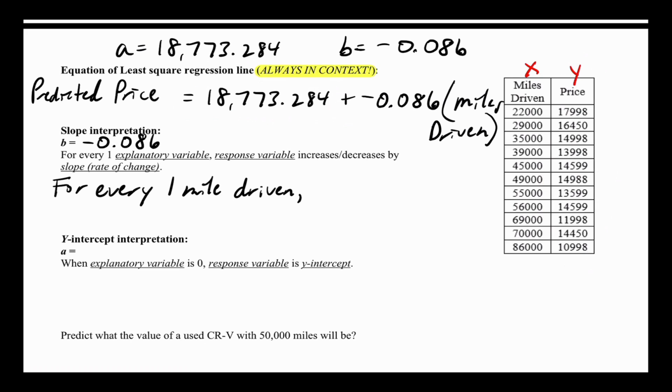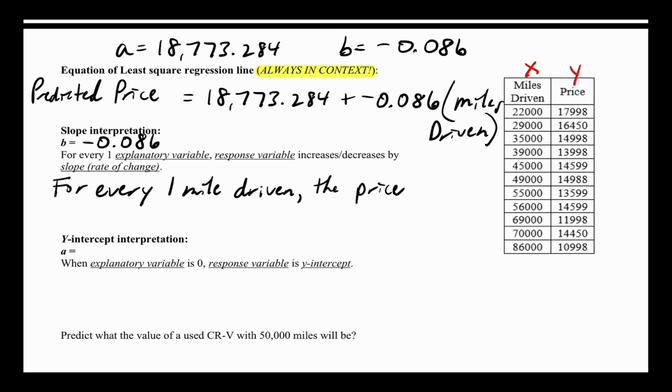comma, next comes the response. What is the response? The price. So this one we're going to pick one, increases or decreases. It's always going to be one or the other. How do we know if it increases or decreases? Exactly.